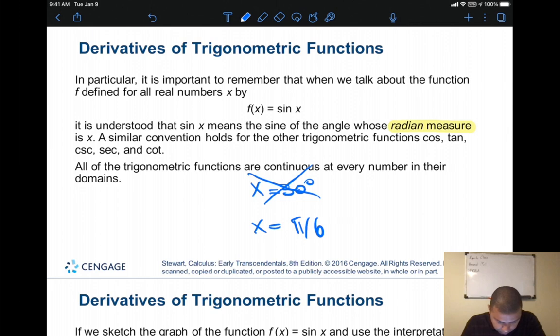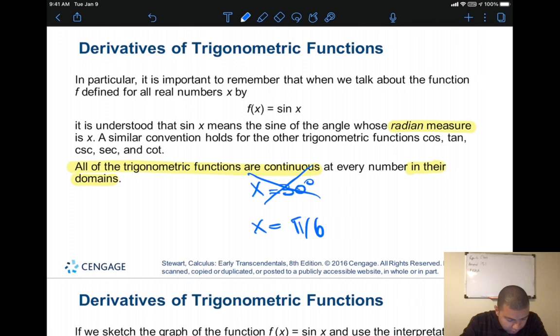Remember that all trig functions are continuous. This is an important fact for us to use from now on at every point of their domain. For functions with weird domains, you have to be careful. For example, sine is continuous, cosine is continuous because the domain is all real numbers.